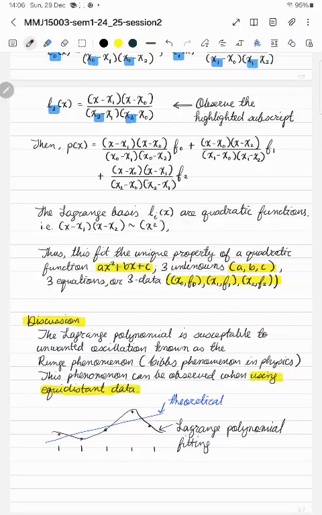Now, the problem with the Lagrange polynomial is that it is prone to overfitting. So this is the case of overfitting, which is clearly not the solution that we want. So that is something you need to be careful with when implementing the Lagrange interpolation or the Lagrange polynomial.